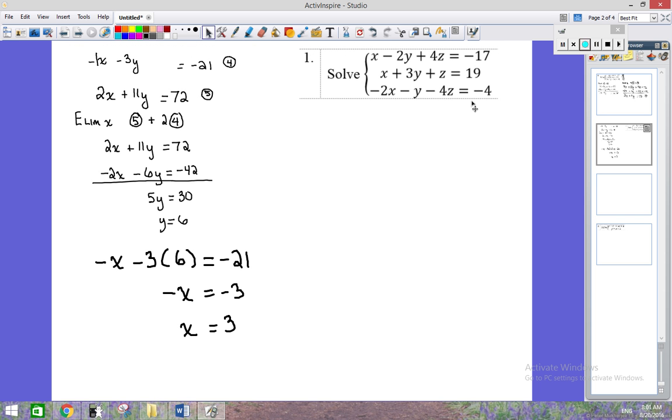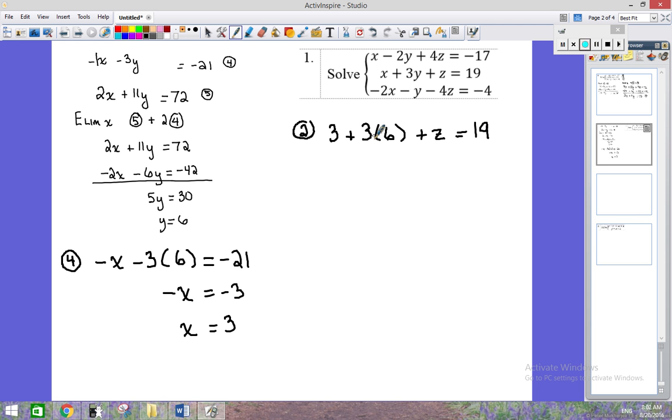Alright, and it doesn't matter which of these we use. I just usually scan and see if there's an easy choice. Like if I'm solving for z, I just may as well use equation number 2 there. So if I use equation 2, and this was equation 4, but we substituted in for y. So equation 2 has x, but we know x to be 3. 3 plus 3 times y, but we know y to be 6, plus z is equal to 19.